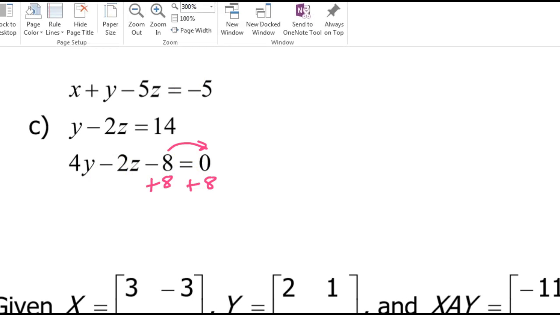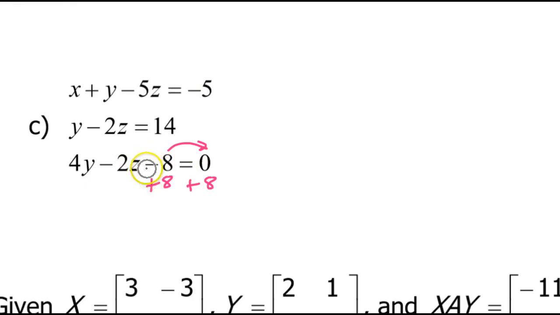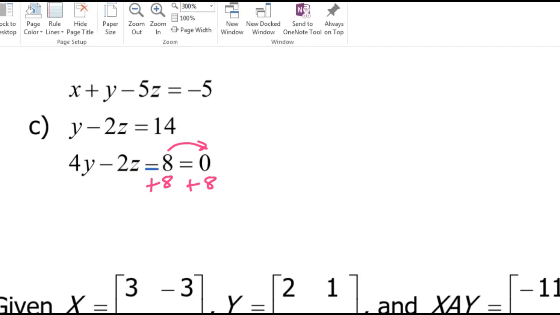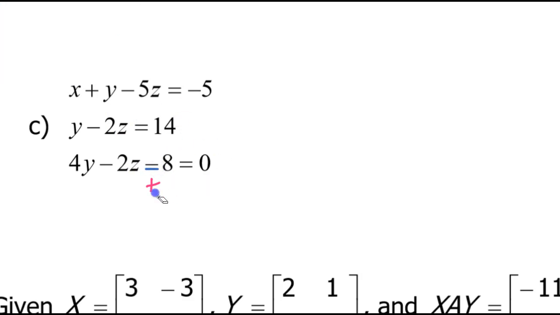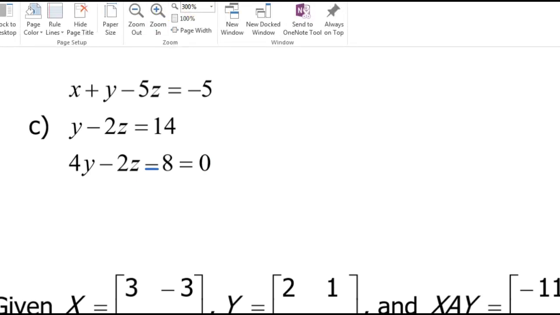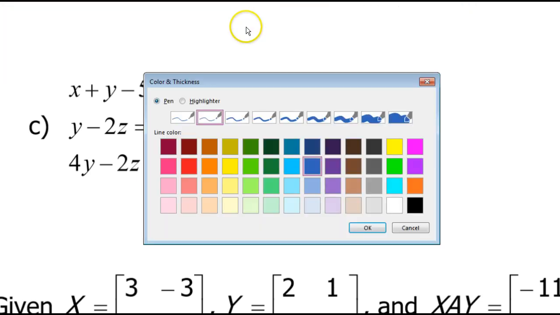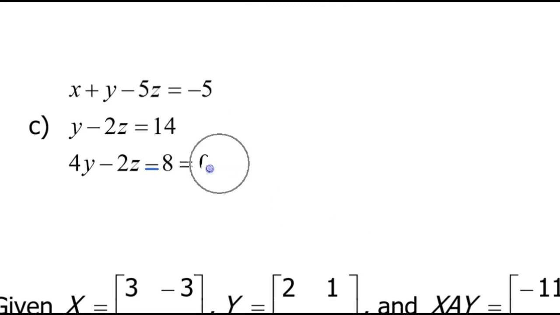So I think I'm just going to cheat a tiny bit and turn this minus sign into an equal sign. Okay. And then I will just erase the equal 0 with my little whiteout. Okay, now all of the equations are in standard form.